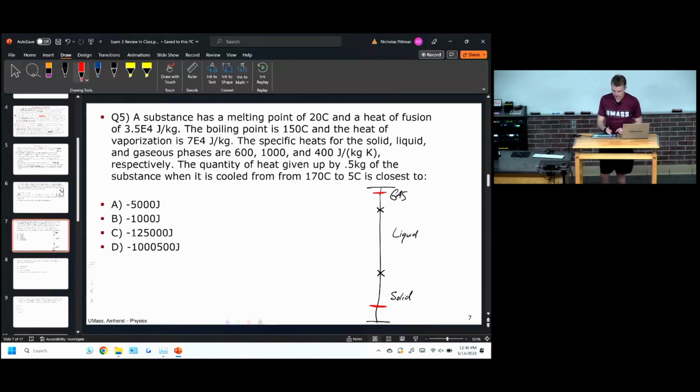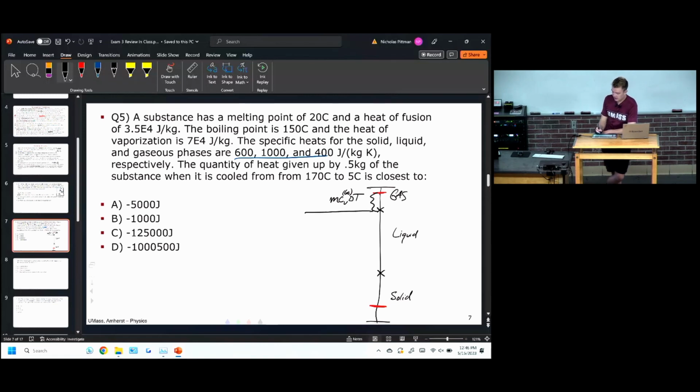So while it is still a gas, you should use mCvΔT, and you have to use C for the gas phase. Depending on if the substance is a gas, liquid, or solid at the moment, it's going to have a slightly different specific heat. That's what these three numbers are right here. So use mCvΔT for the gas phase. Sorry, I'm writing extremely small. That superscript says gas.